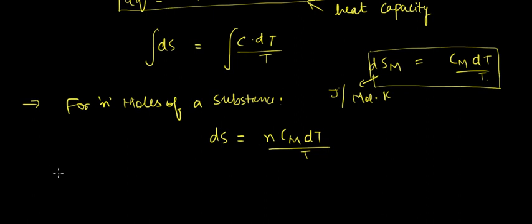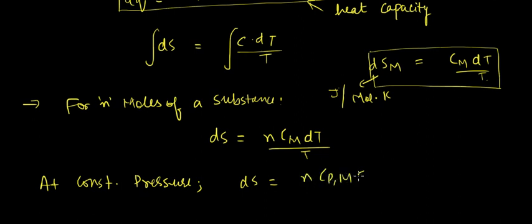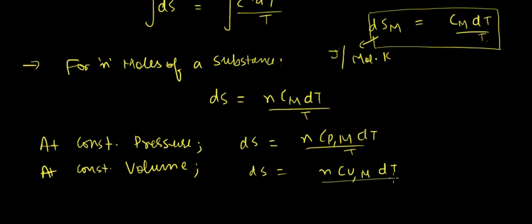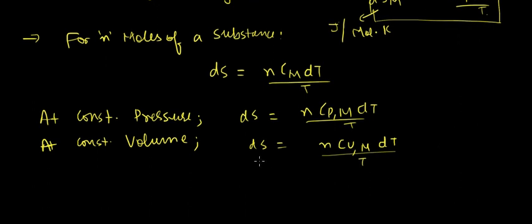Okay, so at constant pressure, we can write that dS would be equal to n Cpm dT upon T, and at constant volume, we can write that dS would be equal to n Cvm dT upon T. Okay, and this dS or S is in joule per Kelvin.